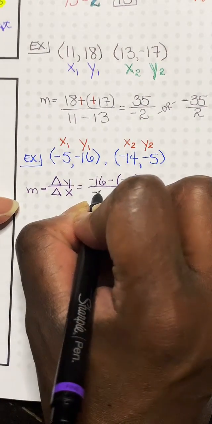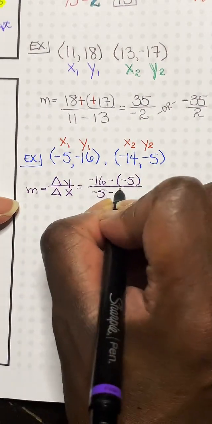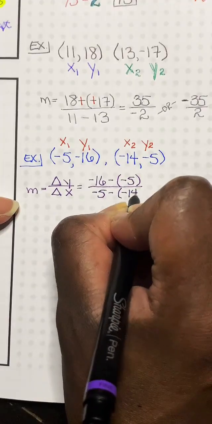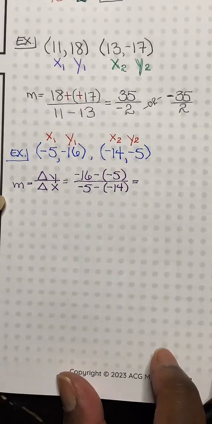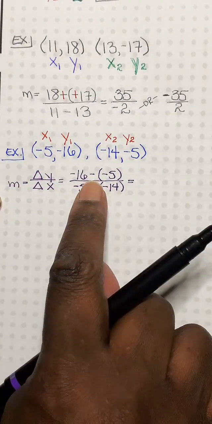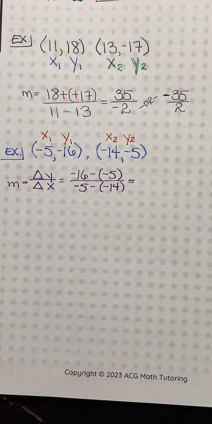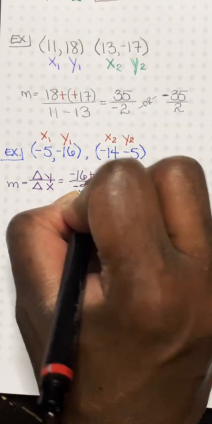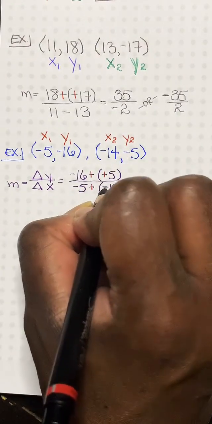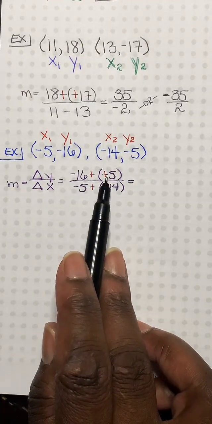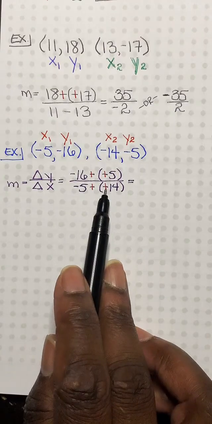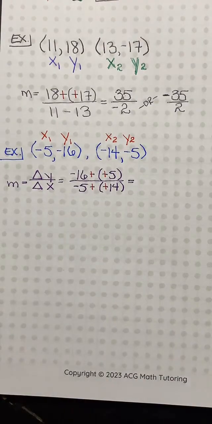So I have negative 5 minus negative 14. Okay. When you minus a negative, it's going to change to a positive. Anytime you minus a negative, it changes to a positive.